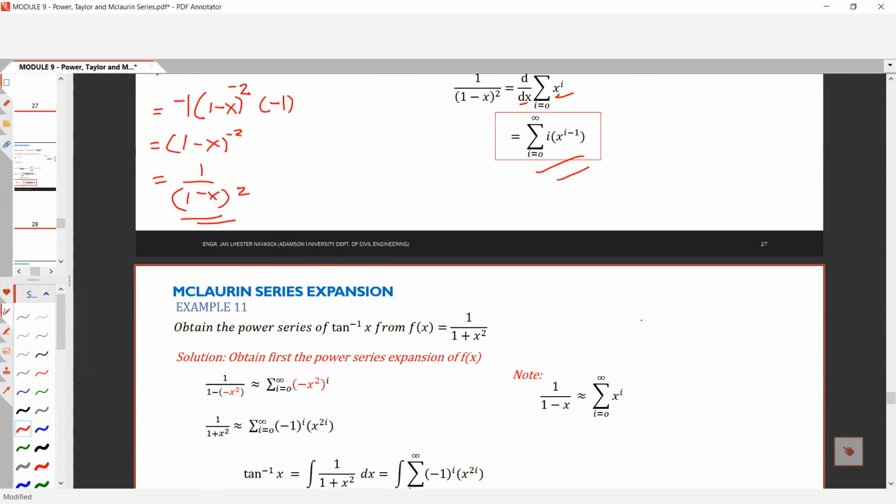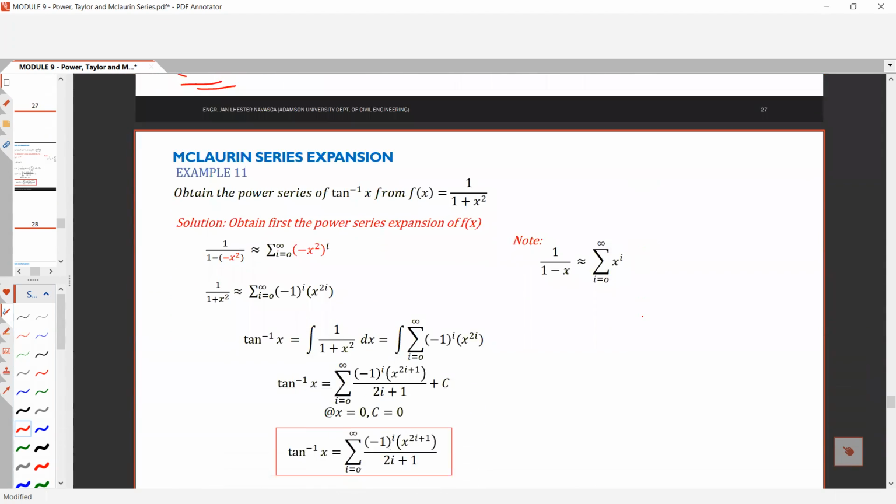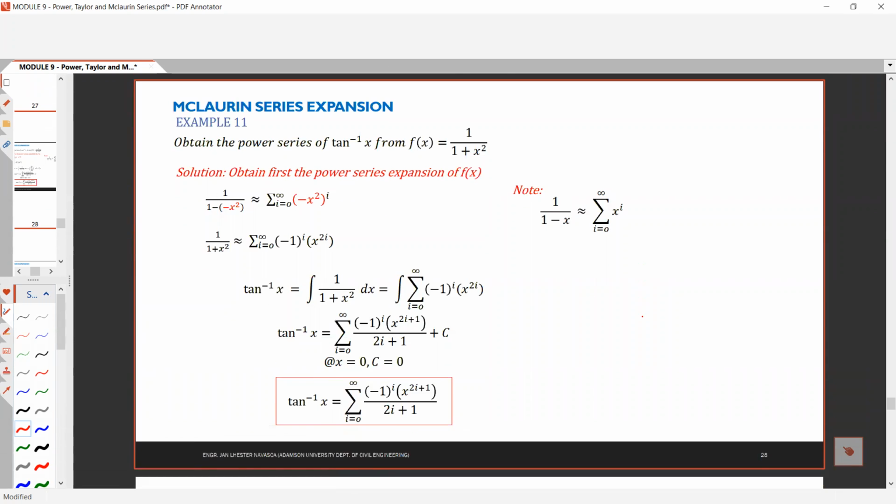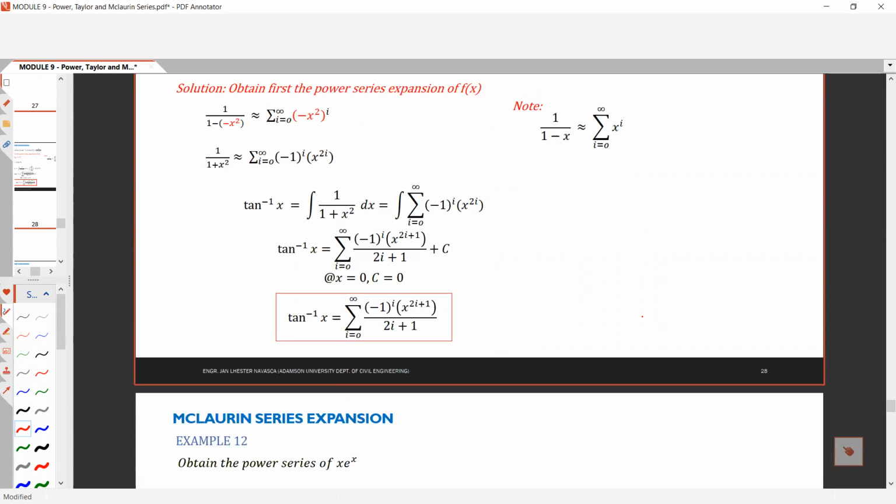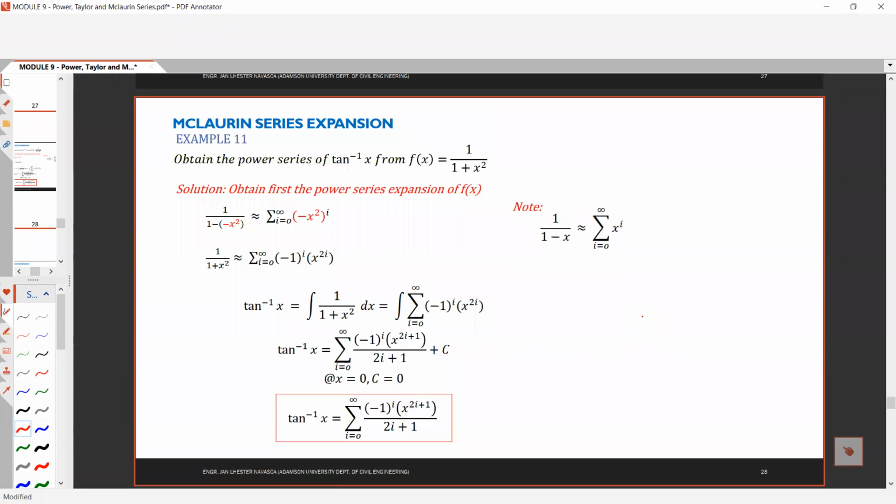Okay, so last one. Obtain the power series of tangent inverse of x from f of x equals 1 over 1 plus x squared. So first we will obtain the power series expansion of f of x. Okay.